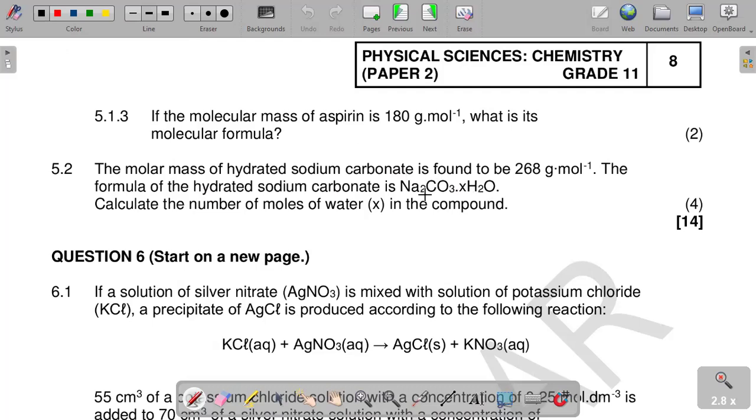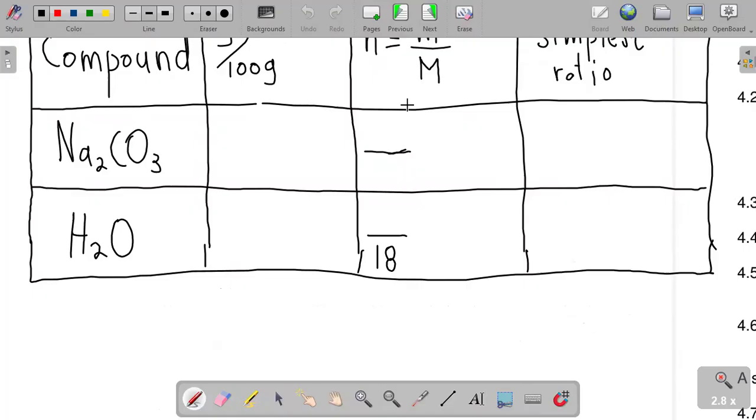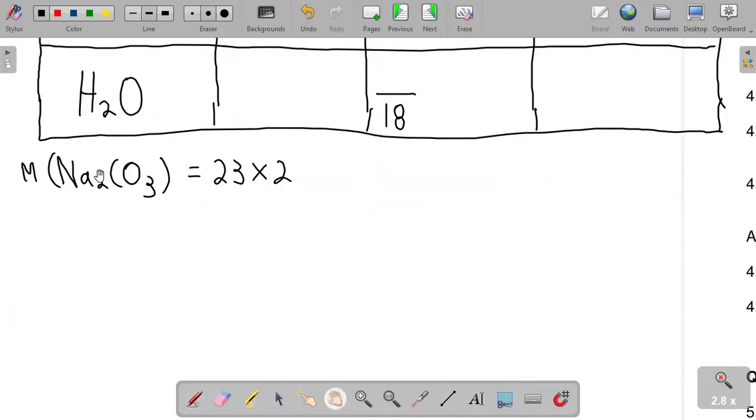So we're going to say, sodium carbonate, the molar mass, will be equal to 23 times 2. That's for sodium.